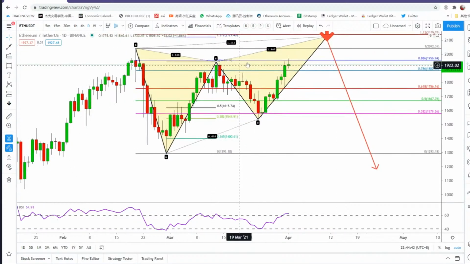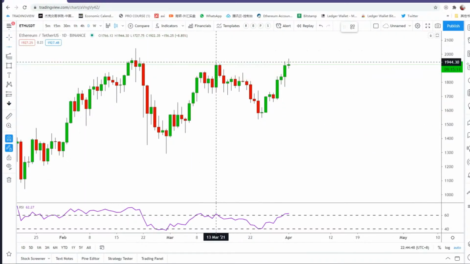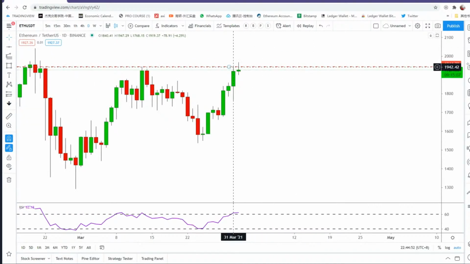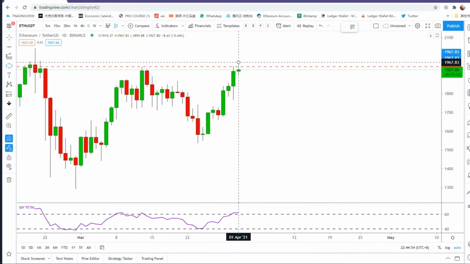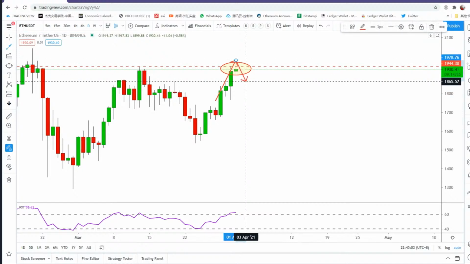So I think 1956 will be a good place for you to observe. You can just place a horizontal line here. This is 1944.30, and if today's chart shows a bearish pin like this, most likely it tells you the bulls failed to push the price even higher, and this could be a fakey.